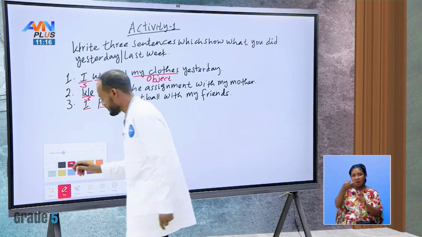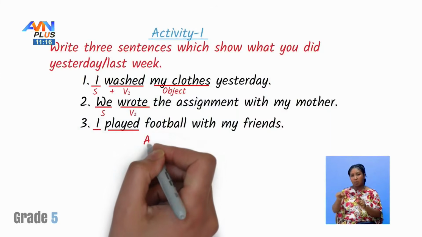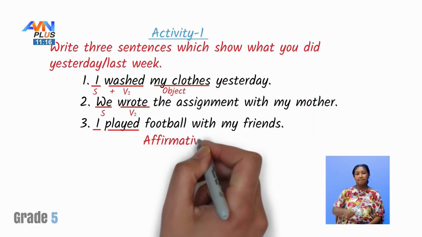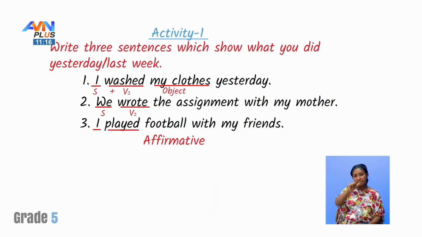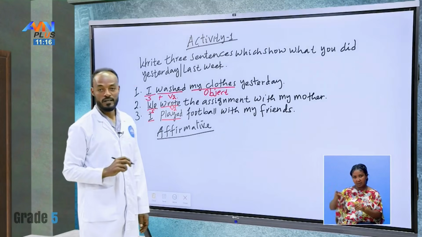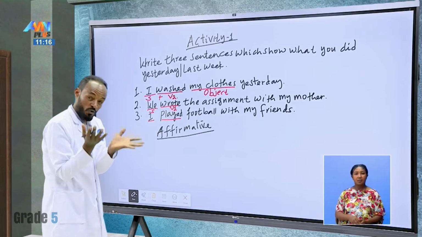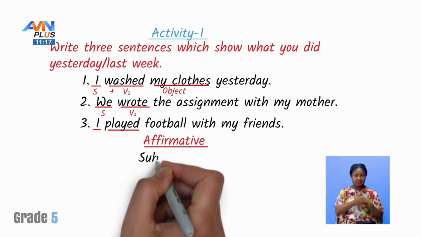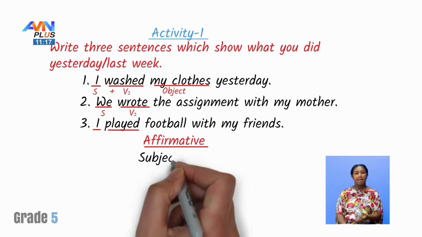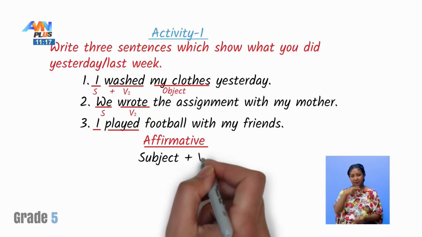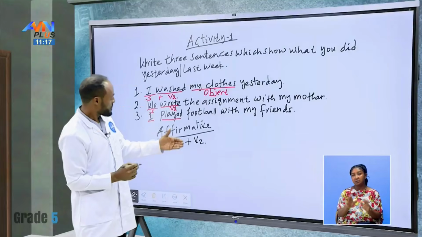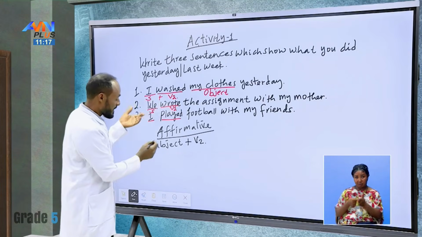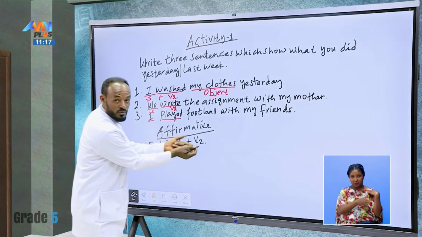These sentences can be said affirmative. Okay? Affirmative sentence in the past. Look, the affirmative form of simple past is just subject plus verb 2, just as we've mentioned so far. Clear? Good. Here is a subject. Here is a verb 2.